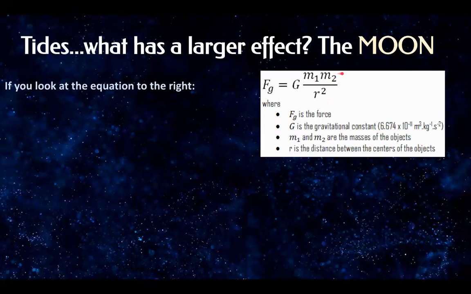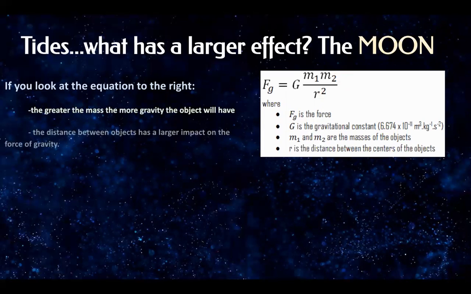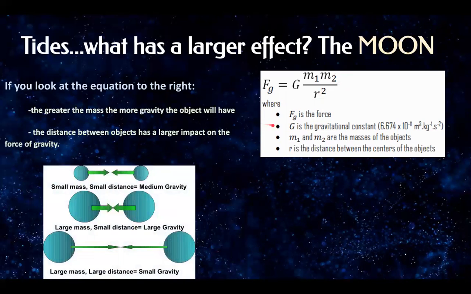Now it looks like, oh, there's two masses, that's the greater impact, but false. This distance is squared, making it much more of a factor than the mass. So the greater the mass, the more gravity the object will have, for sure. The distance between the objects, though, has a larger impact on the force of gravity. So if you look at this example, if you have a small mass, small distance, you're going to get a medium amount of gravity.